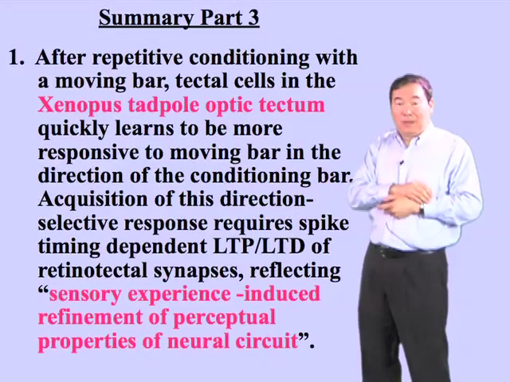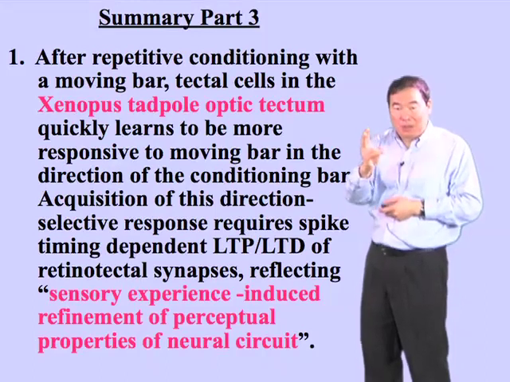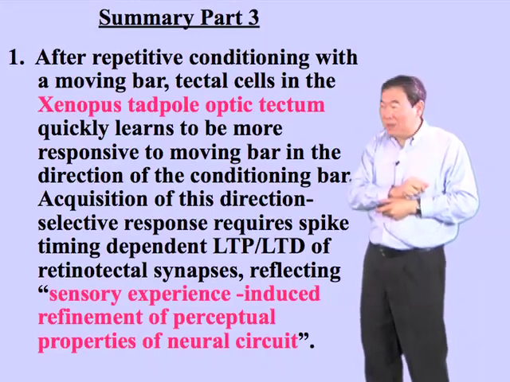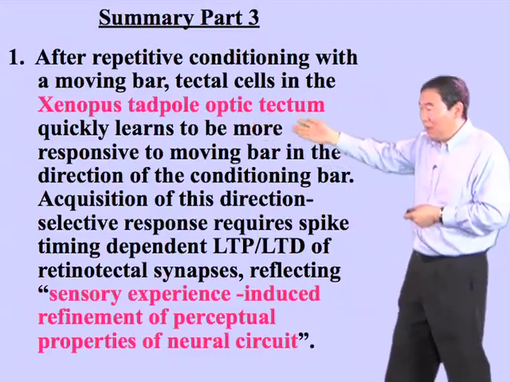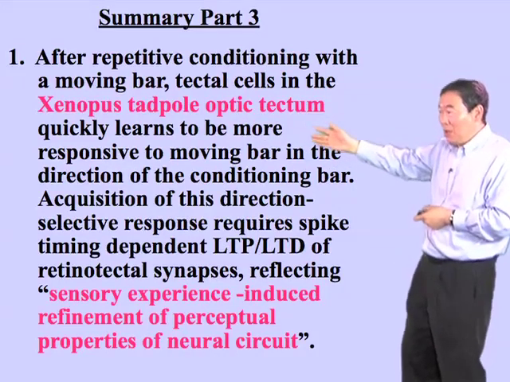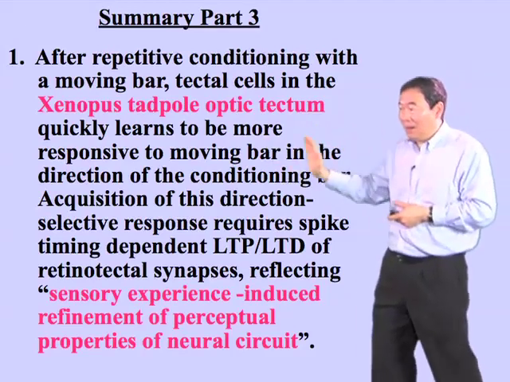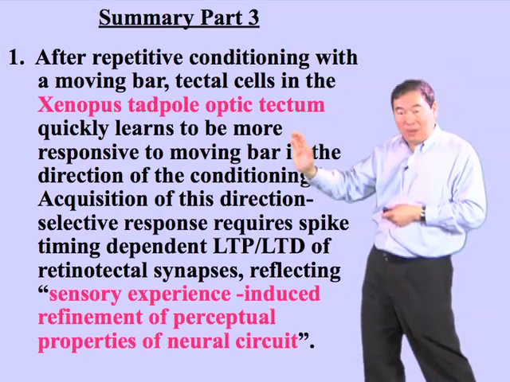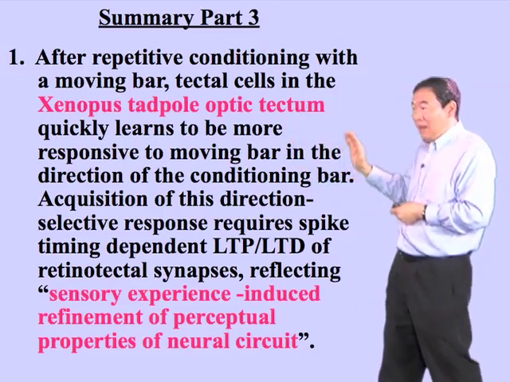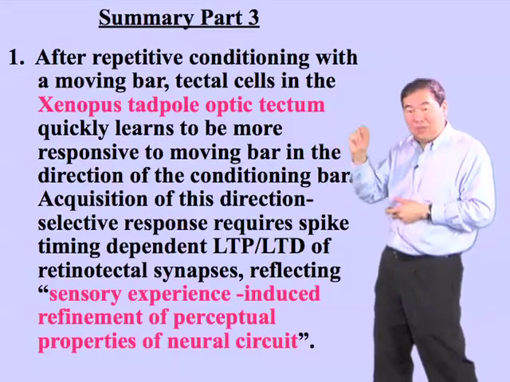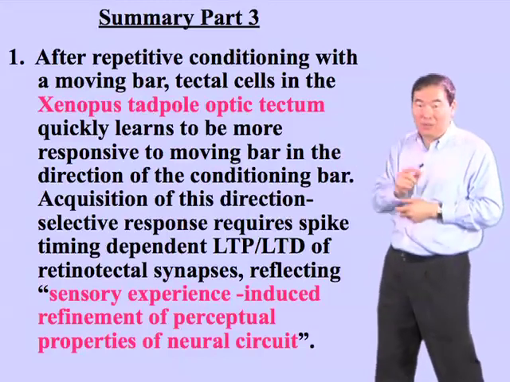So in this part, we have shown two examples, both sequence learning. The first example used the Xenopus tadpole optic tectum, where I showed that a moving bar across the receptive field of the retina can rapidly train a specific cell to respond better to that moving bar.